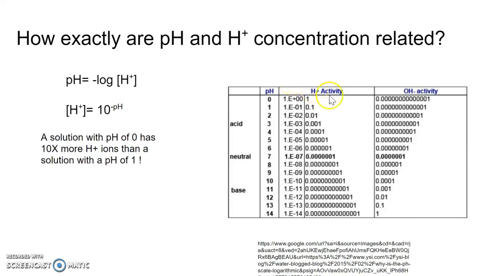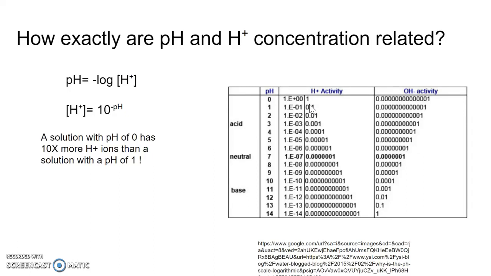Why do we care? Let's take a look at this little chart right here. I don't know why this particular figure is labeled with activity. It just means the H plus ions in solution. So what this really means is that a pH of 0 would have a 1 molar concentration.